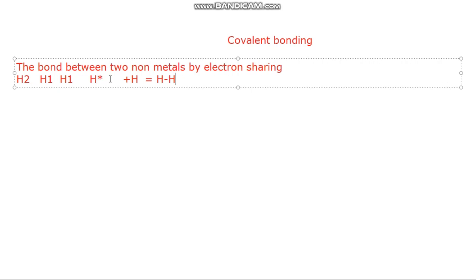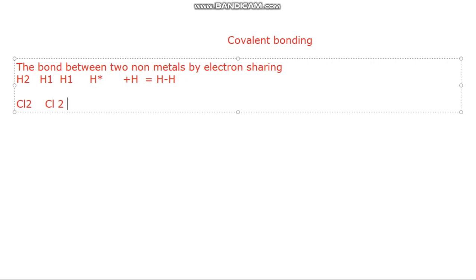Now let's move to another example: the chlorine molecule, Cl2. We know that chlorine contains 17 electrons, so it contains 7 electrons in the outermost energy level.